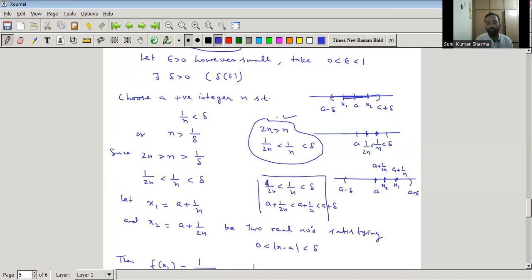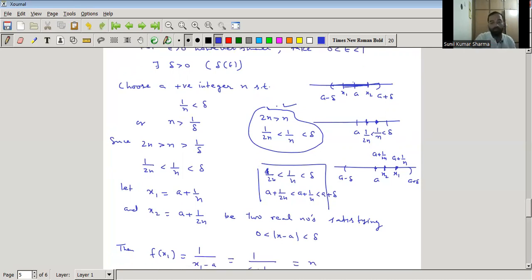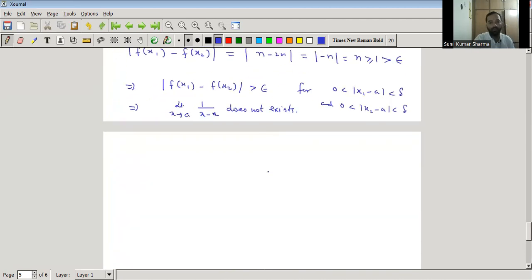You can take any number. Even we can take 3n and n; 3n is also greater than n. So you can take any two numbers between the interval.